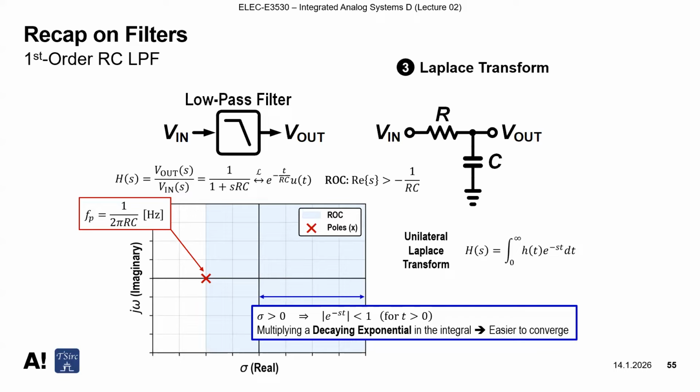This is a decaying exponential, right? Its magnitude is less than 1. Then in the integral, it is easier to converge.